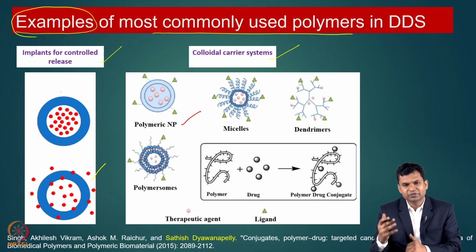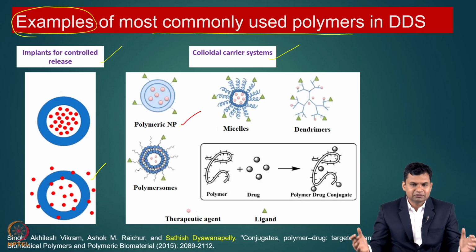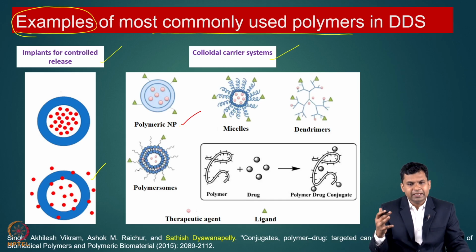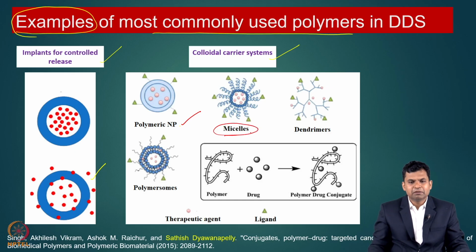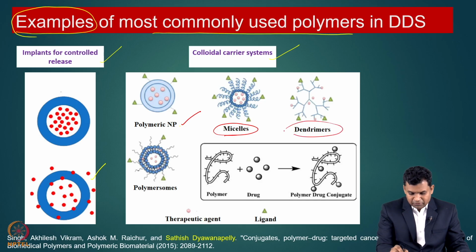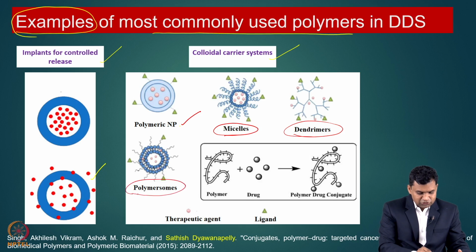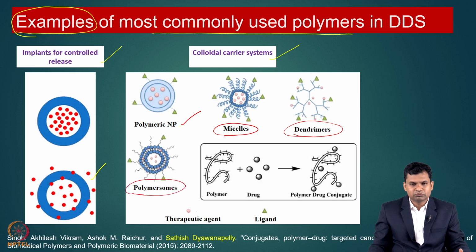We can use the same formulation even for oral and other routes of administration based on particle size. We can also convert polymers into micelles, dendrimers, as well as polymersomes.